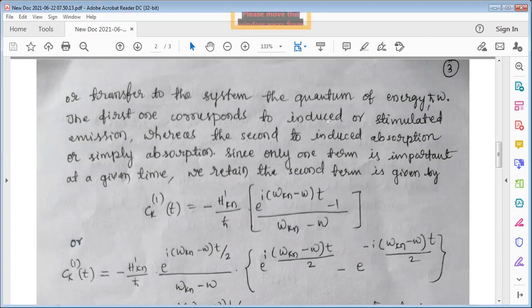They will stay there a little longer, of the order of 10 to the power minus 4 second.